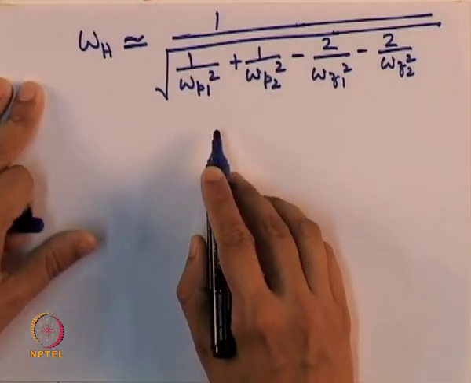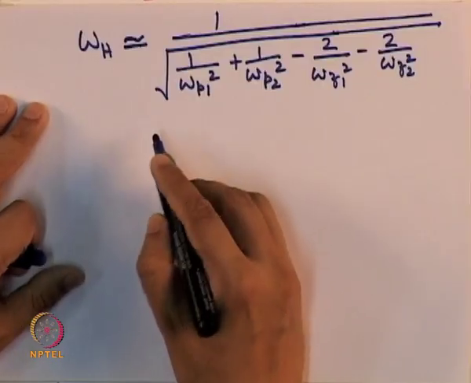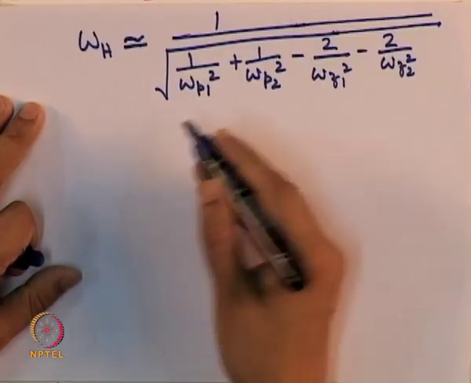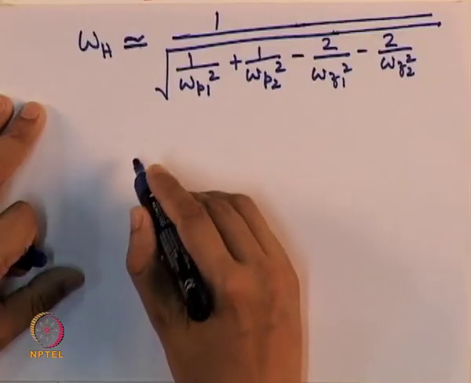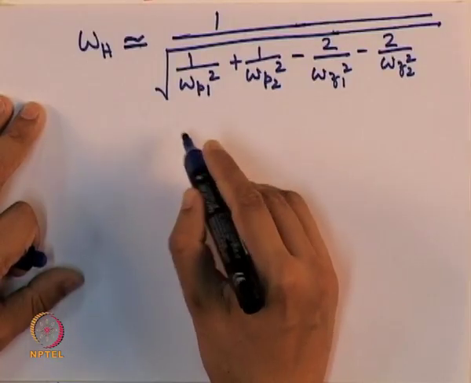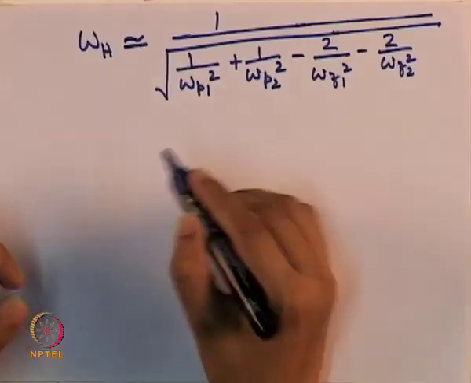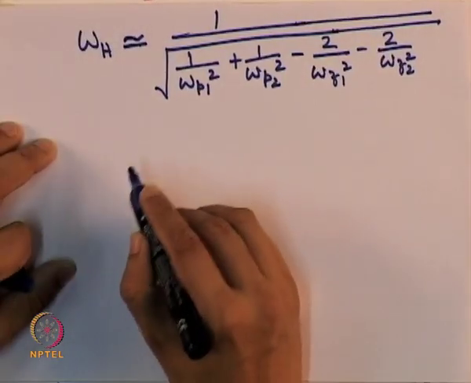or omega h is nearly equal to the following. Now, the concept of dominant pole for a high frequency case is slightly different than that for the low frequency case. In the low frequency case, we saw that omega p1 should be greater than other poles and zeros.